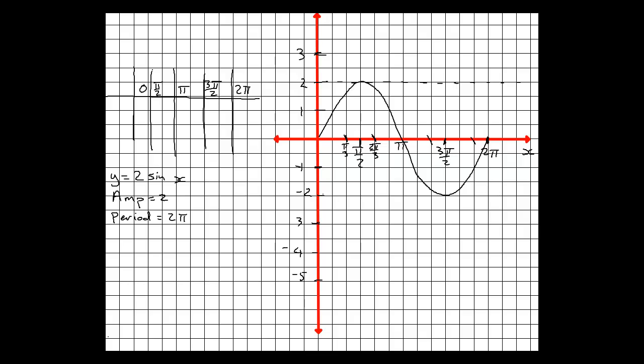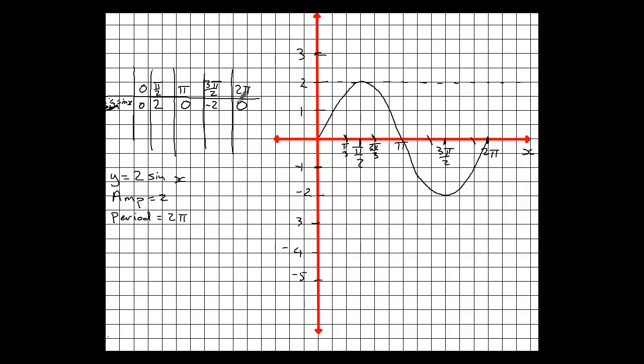When x was 0, our y was 0, at pi on 2 we were at 2, at pi we were 0, at 3 pi on 2 minus 2, and at 2 pi it's 0.